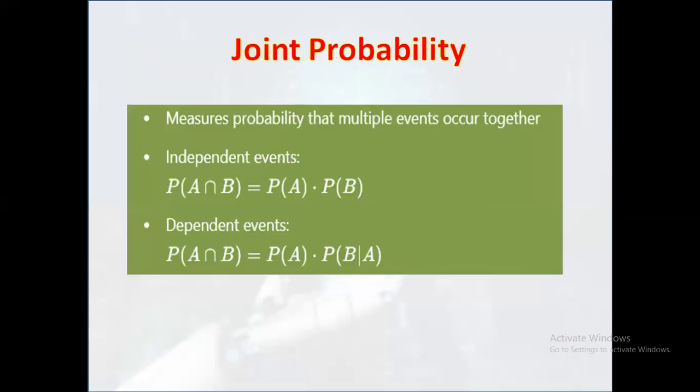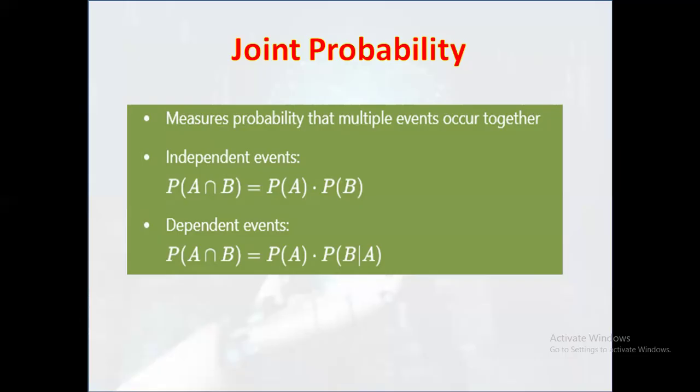Next, joint probability. The joint probability quantifies how likely it is for two or more events to occur at the same time. For instance, it can tell us the probability that it will rain and that a person will carry an umbrella. When events A and B are independent, the occurrence of one does not affect the other, so the joint probability simplifies to the product of their individual probabilities.